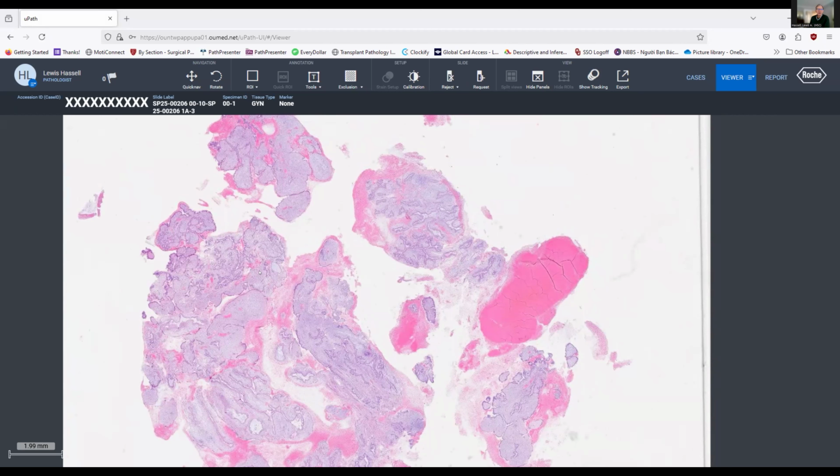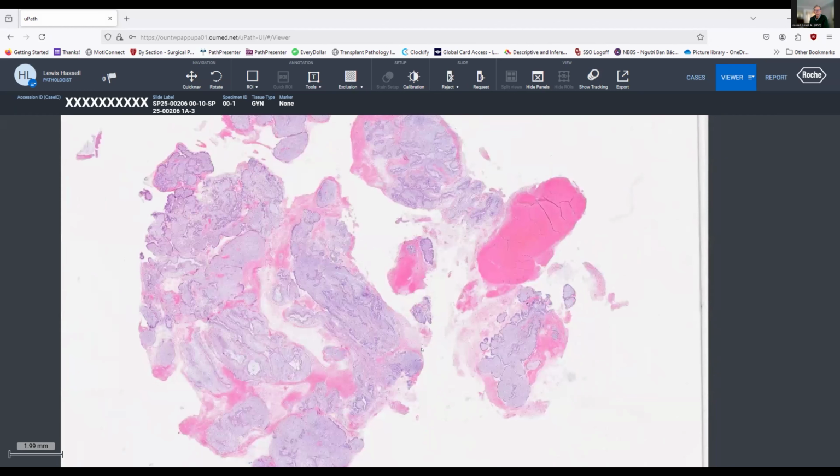Both of those features at low magnification should tell us something. The bluish stromal change tells us that this patient is probably on progestins, and she's having some sort of a progestational effect. The glandular contours, even at this low magnification, slight papillarities and so forth, should alert us that there is a glandular proliferation going on.